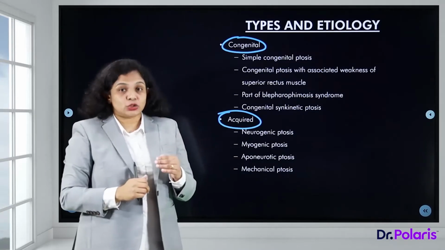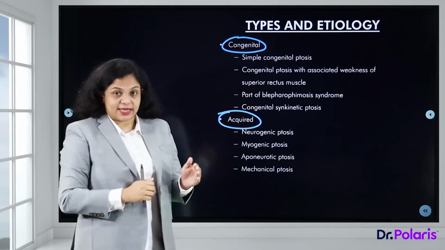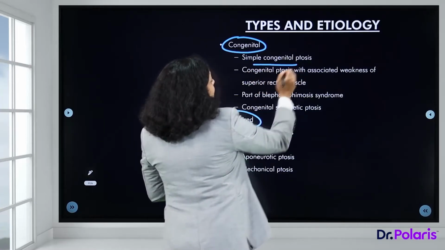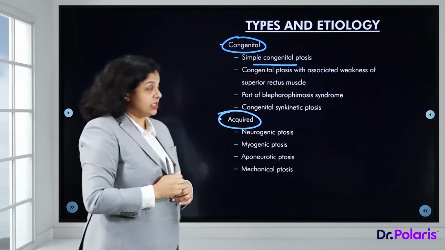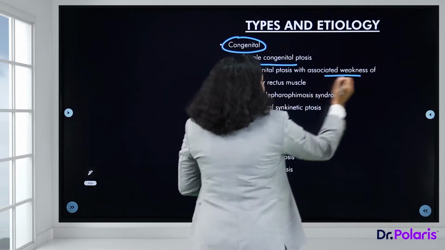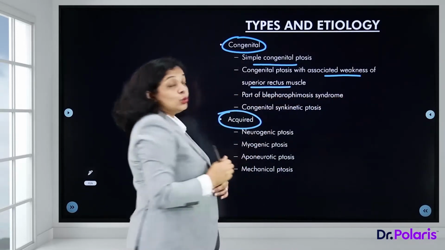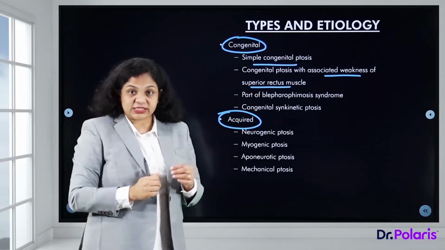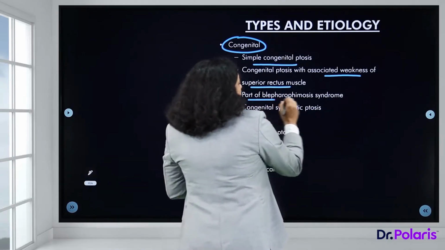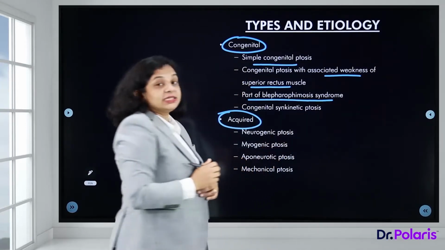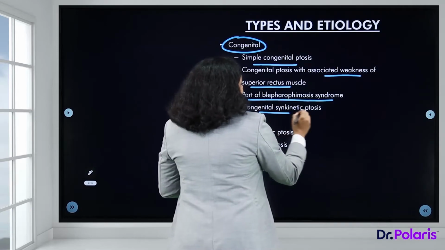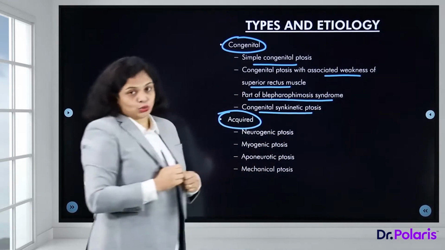Now, congenital ptosis can be of various types. The most common type is your simple congenital ptosis. You can have congenital ptosis associated with the weakness of the superior rectus muscle of your eyeball, as a part of your BLEPHAROPHIMOSIS syndrome, or as a part of your congenital synkinetic ptosis.